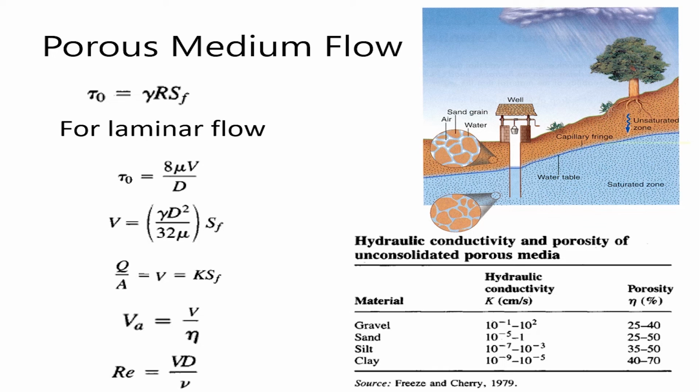This is the water table. Below the water table, the soil is fully saturated, so we have only soil and water. But above the water table, in this area, it is not fully saturated, so it has water, air, and sand.